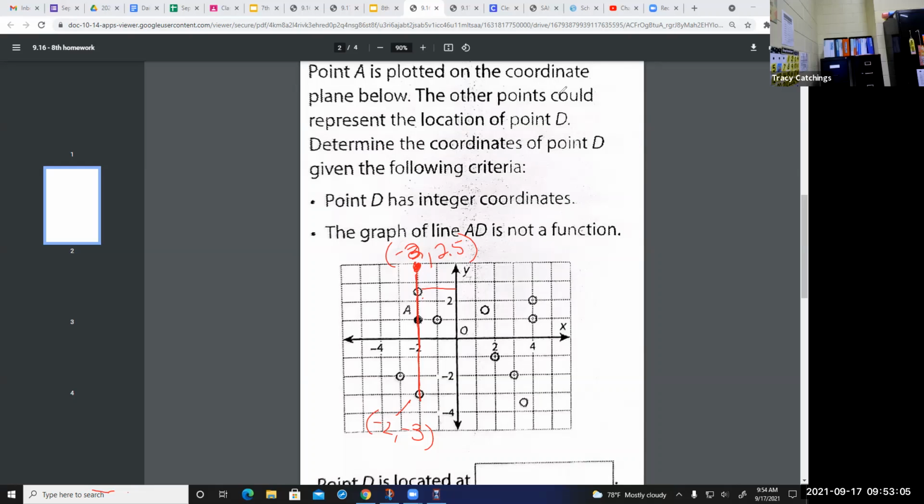As long as I know what you mean. We're gonna put down your point. It could be either one of those, -2, 2.5, or -2, -3.